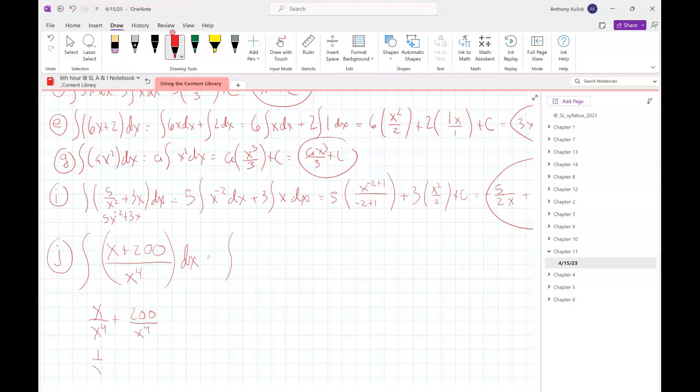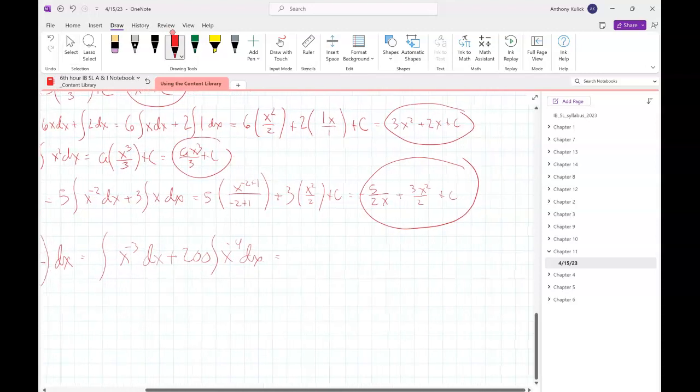That's going to reduce down to 1 over x cubed. So I can write that as x to the negative 3. And the other one I can just write as 200x to the negative 4. Everybody's okay with that? We use the same trick when we do derivatives, right?